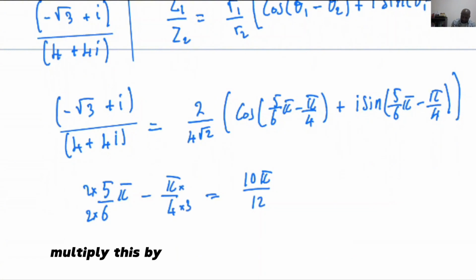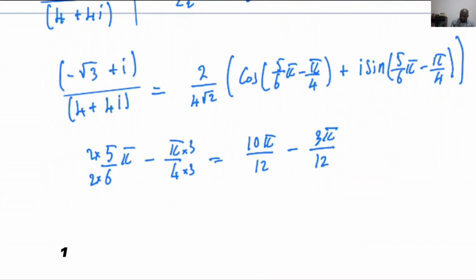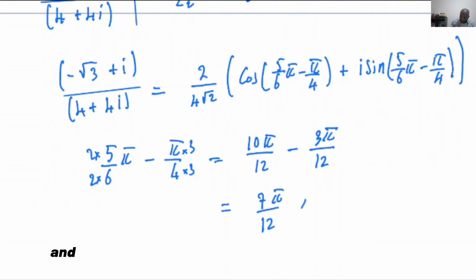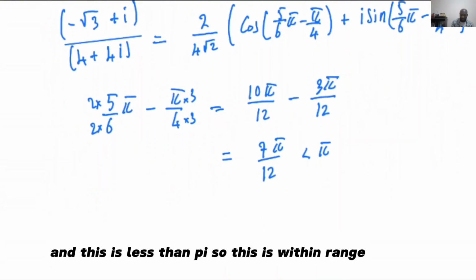Multiply this by 3 and this by 3, we have 3 pi over 12. 10 minus 3 is 7, so the difference is 7 pi over 12. And this is less than pi, so this is within range.